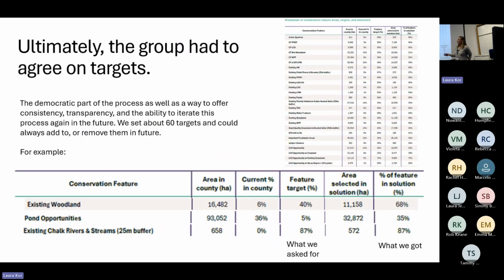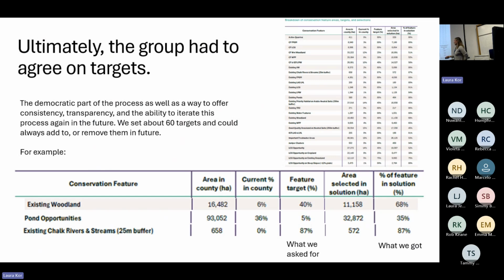So ultimately, all those partners I showed you a picture of earlier, we corralled and encouraged them to help create targets. So all of the targets were for conservation features, and a conservation feature can be anything that you want to enhance or create and that you've got spatial data for. So for example, the existing woodland in the county.